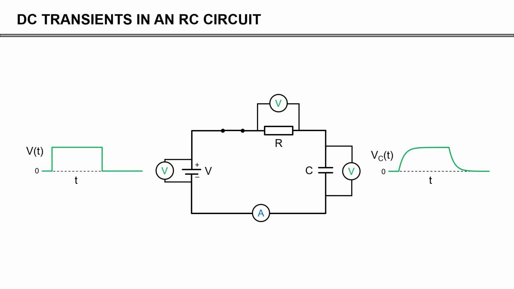At that point, the current stops and the voltage across the capacitor is basically the same as the driving voltage. The resistance basically has the voltage as the difference between these two, and therefore you can see that the current is only briefly on.